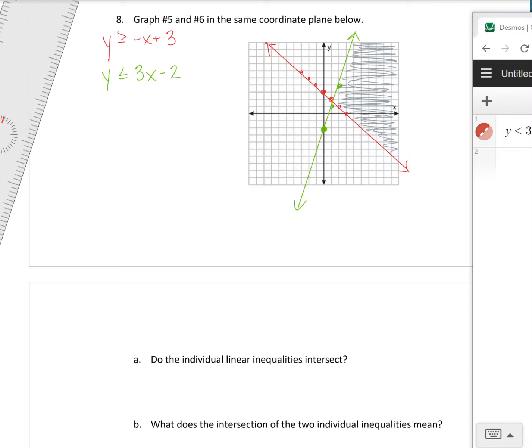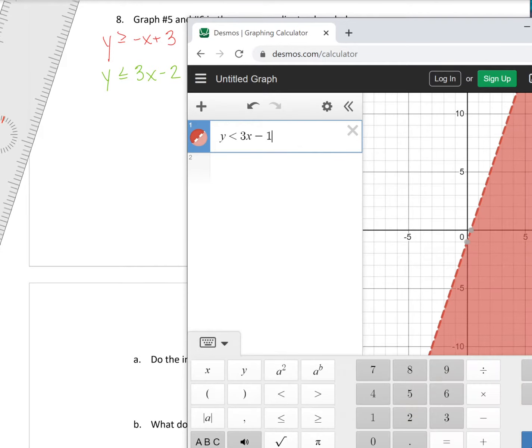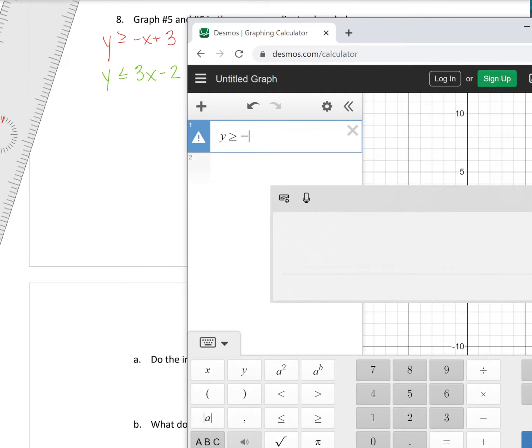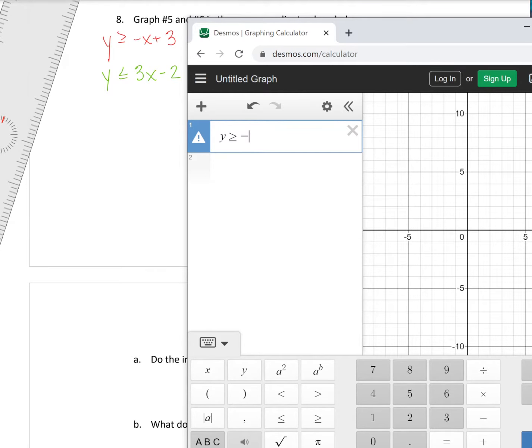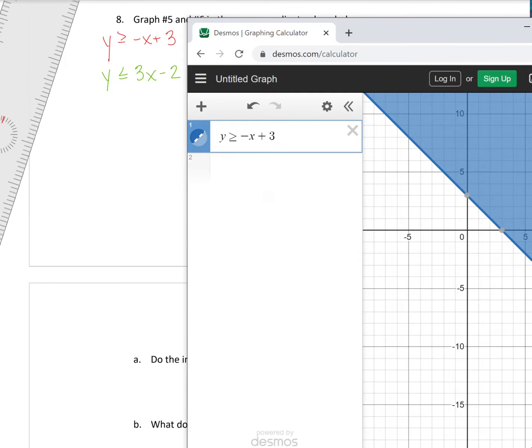Now remember, you have a little resource, right? You can come over here to Desmos. I'm going to put it where I can see it. We're going to exit out the last one, and we're going to put y greater than or equal to negative x plus 3. All right, so we have our shaded area for that one.